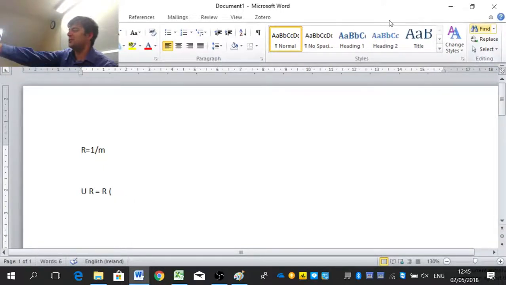Can I have the formula sheet back? I've forgotten already. Uncertainty of R equals R times n times uncertainty of m. Disgusting.